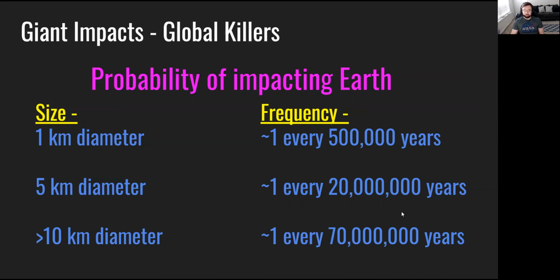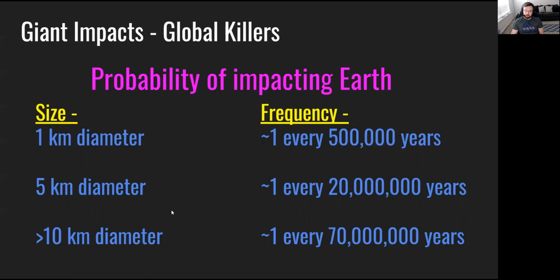So that would be able to destroy, let's say, a good swath of North America. Now, it's not going to completely obliterate it, but it will have widespread damage such as dust thrown up into the air, wildfire production, acid rain, things like that. 10 kilometers, you're looking at global devastation, mass extinction events.